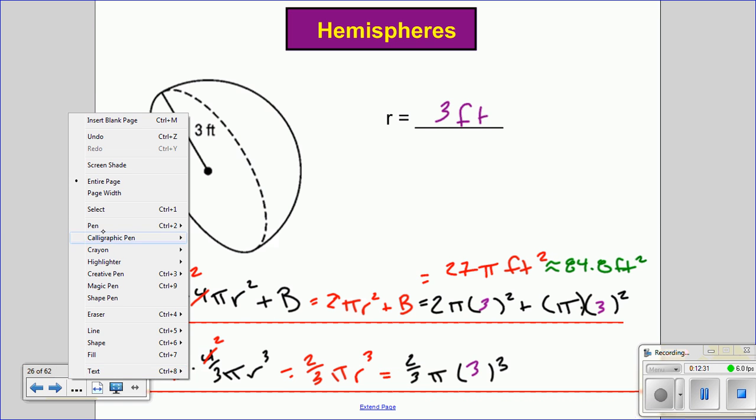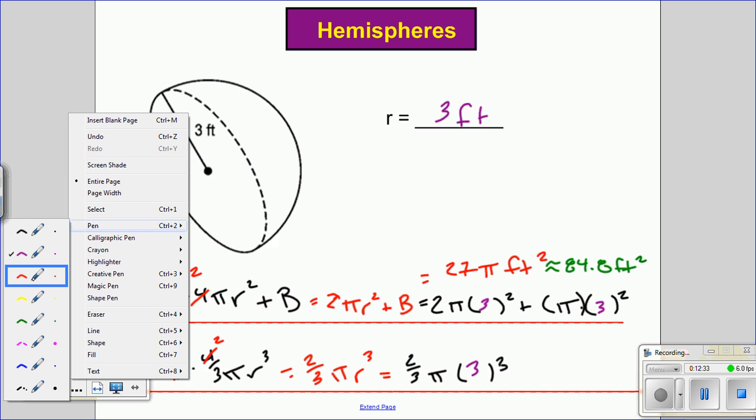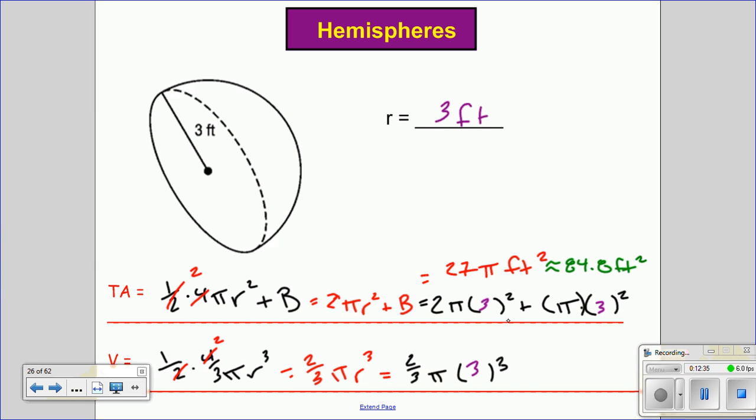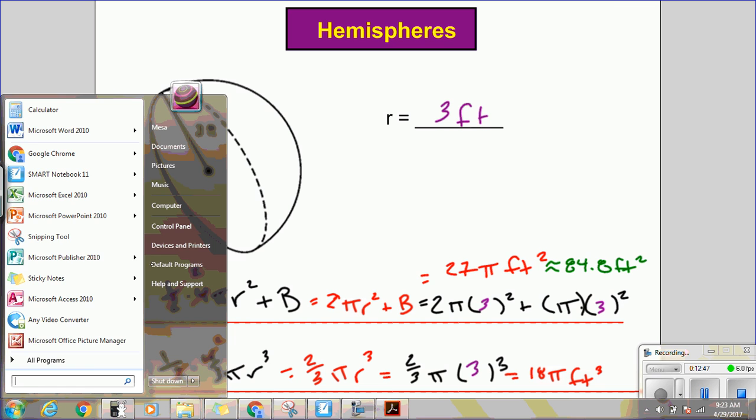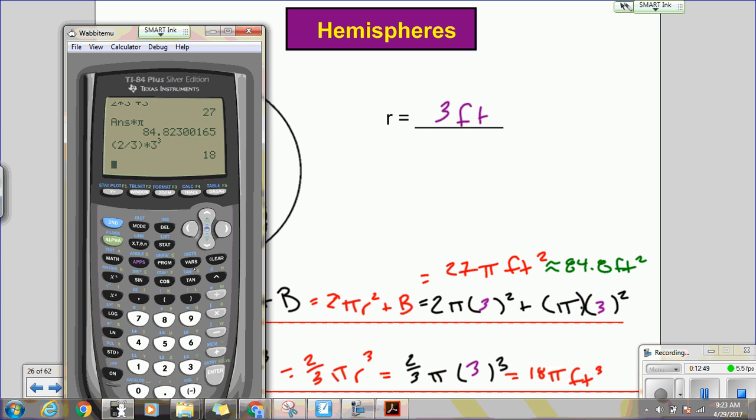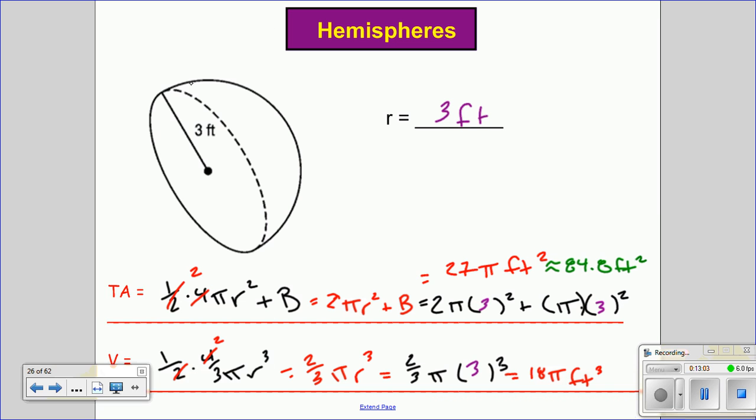So my volume would be 18 pi feet cubed. And for the approximated volume, take 18 times pi, and I get roughly 56.5 if I round to the tenths.